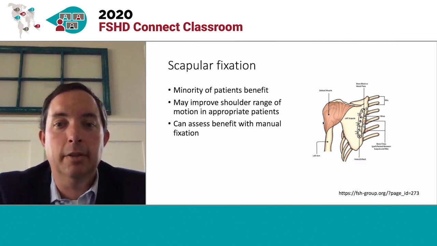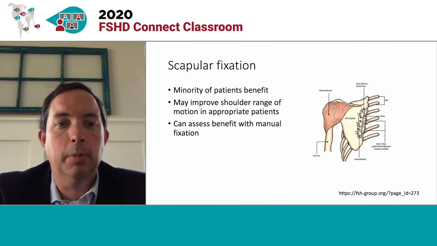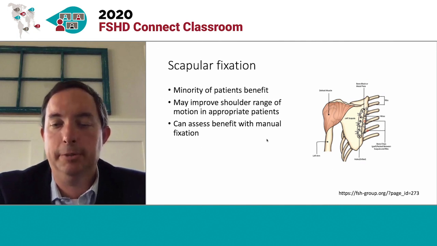If you see the amount of sewing that happens, it's not a minor surgery, it's a larger surgery. So you want to make sure that you've got the right patient who would benefit from it and wouldn't do it unnecessarily. But in some patients, like I said, the minority, it may improve shoulder range of motion.